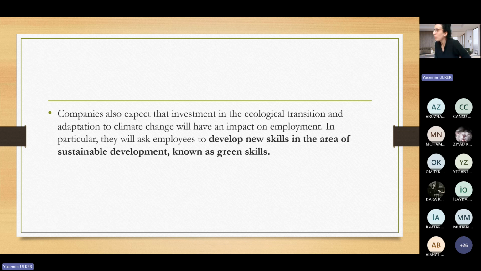Now I'm positioning myself, role playing, as a CEO of a company which produces textile. And in that company, I try to be more sustainable. Why? If my point is to increase the profit, why do I need to be sustainable?